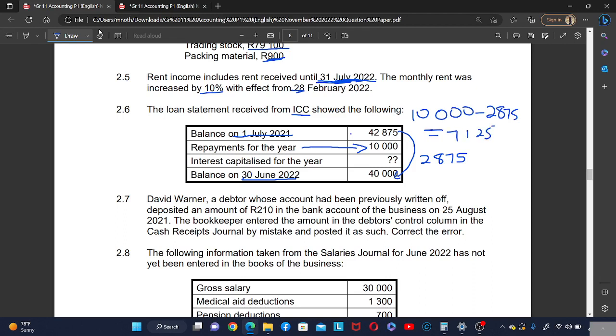This is the interest, because they said the repayments for the year is 10,000, but we already know that the loan decreased by 2,875, meaning that the loan was paid by 2,875, meaning that the other payment is for the interest. Okay.